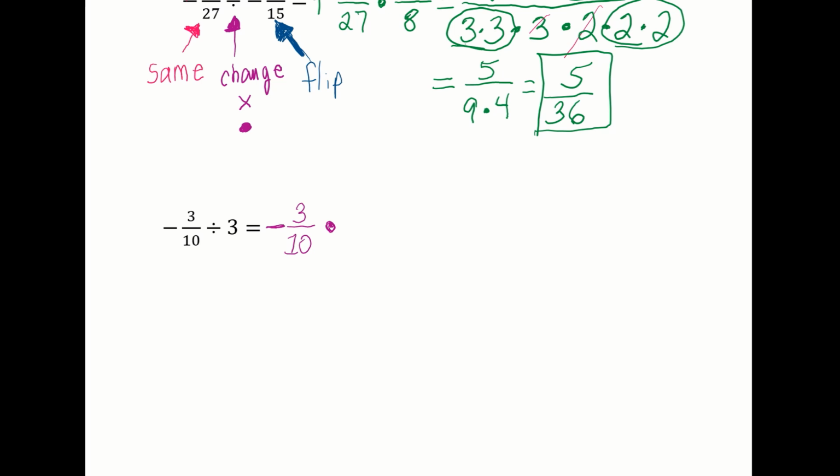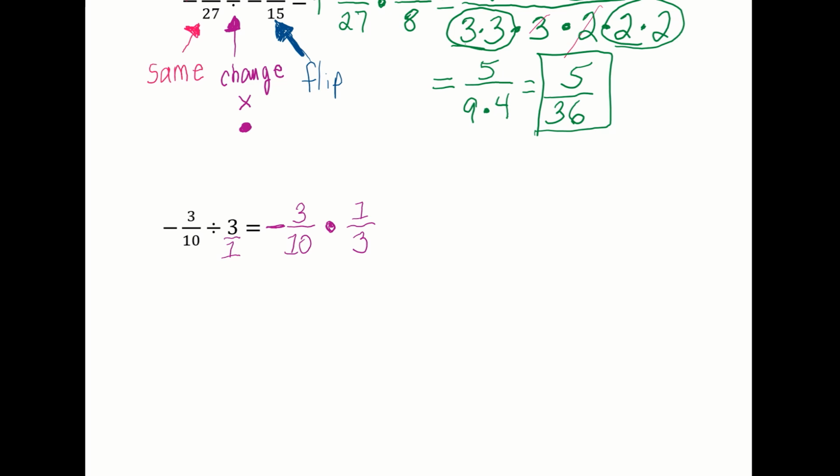Wait a minute, we don't have a fraction to use a reciprocal. Well, all whole numbers can be a fraction as long as you put them over 1. So now we have 1 over 3. There was something similar to this in class.